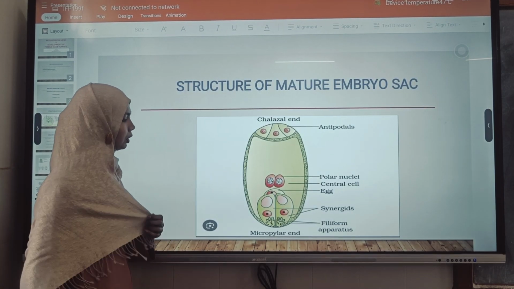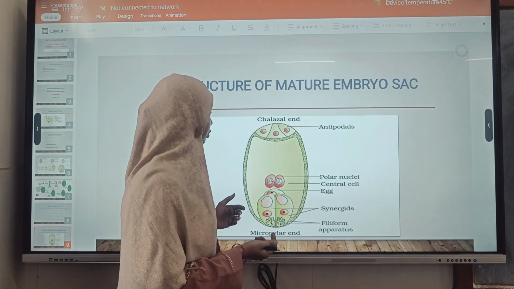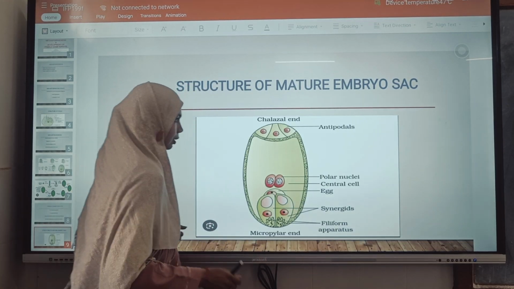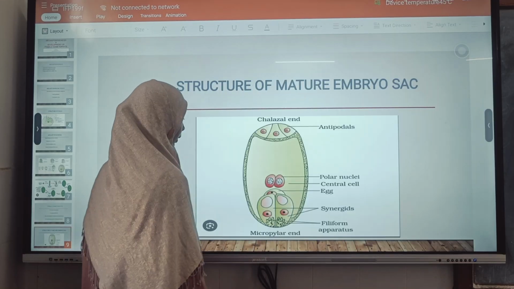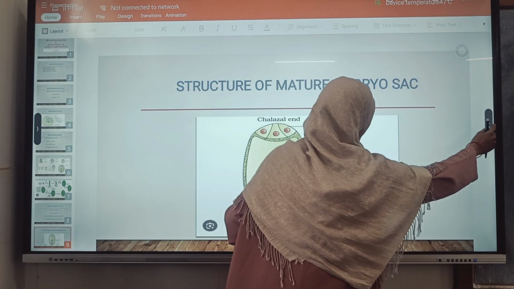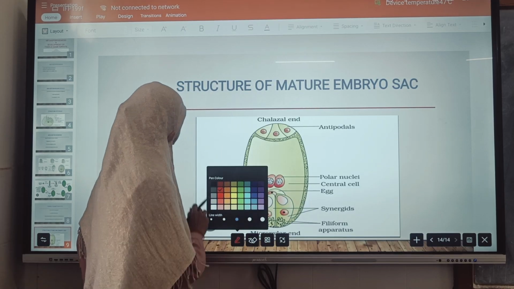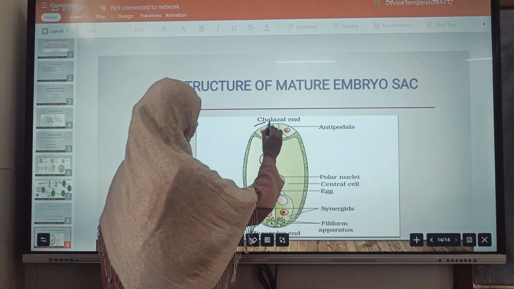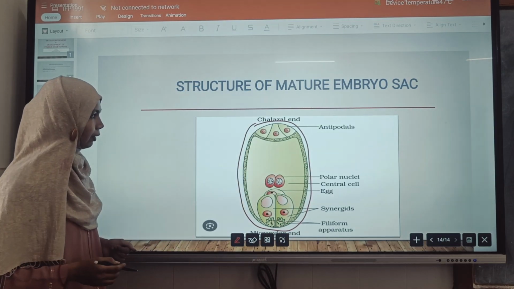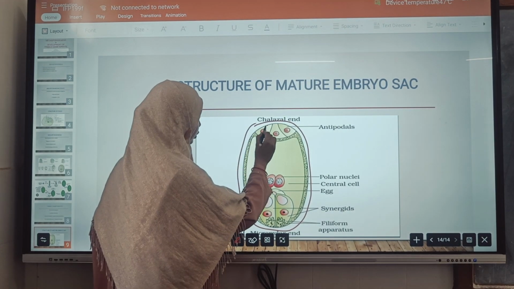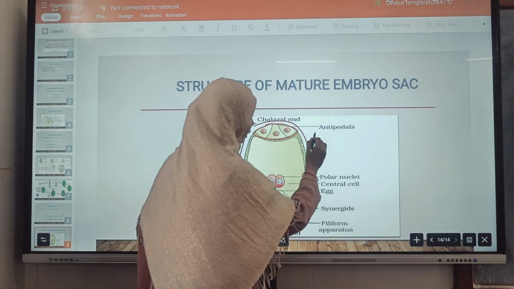This diagram shows the actual mature structure of the embryo sac or female gametophyte. We already discussed this female gametophyte. Again, to clear this structure: this is the female gametophyte or embryo sac, in which the 3 cells formed at the chalazal end, I have already told you, are called antipodals.